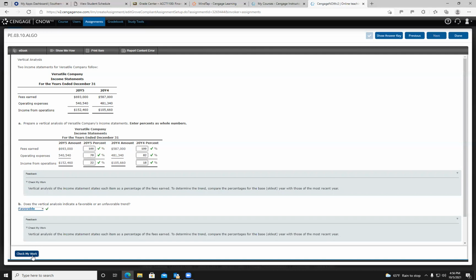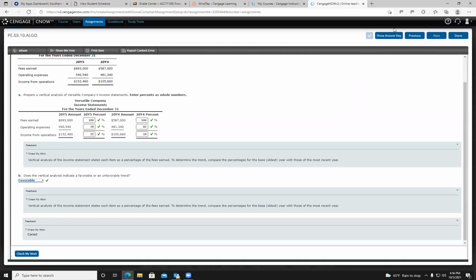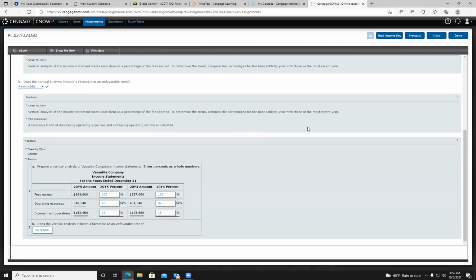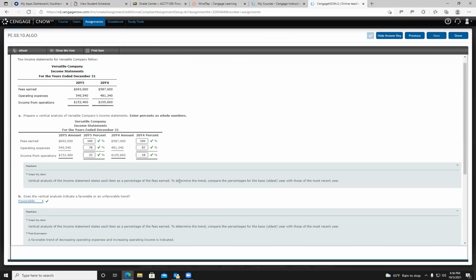So fingers crossed, check our work. Yay, all green checks. But again, how we came up with these percentages is you always go ahead and enter 100% for your fees earned, because that is your base.